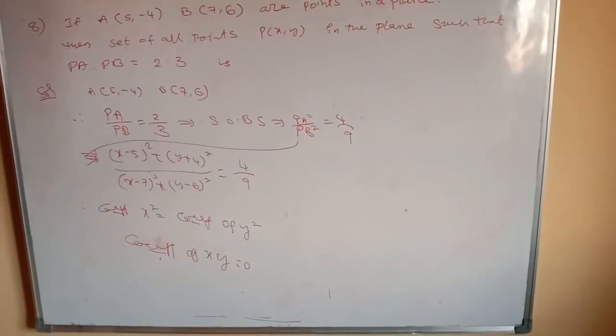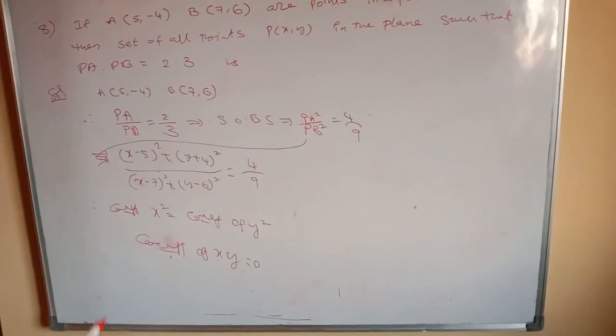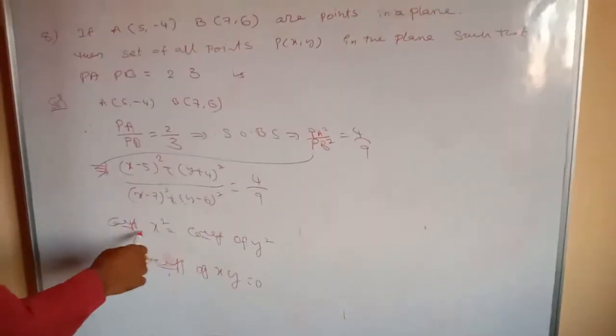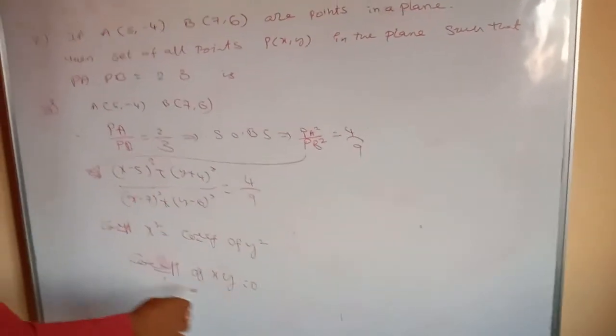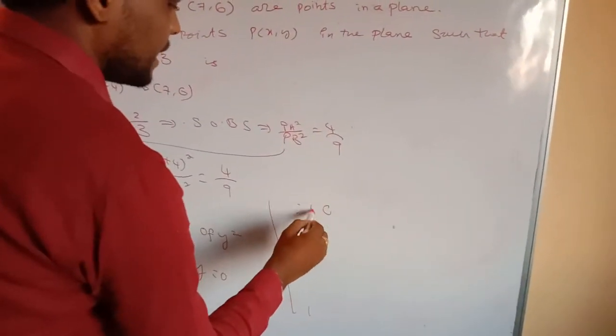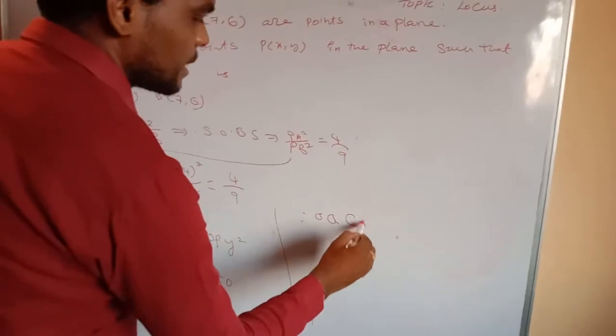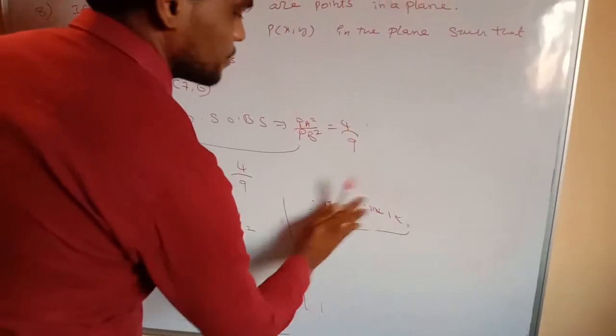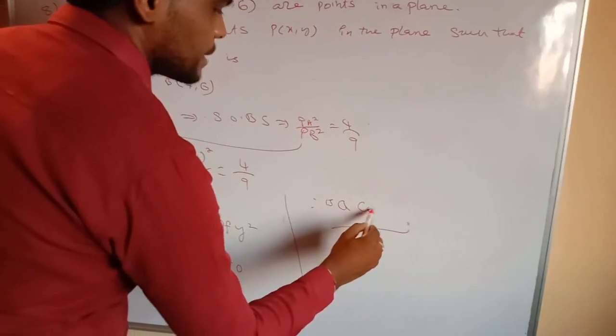I already told you the curve is represented by a circle. The conditions are that the coefficient of x square equals the coefficient of y square and the coefficient of xy is equal to 0. This condition is a circle. Now the answer is a circle.